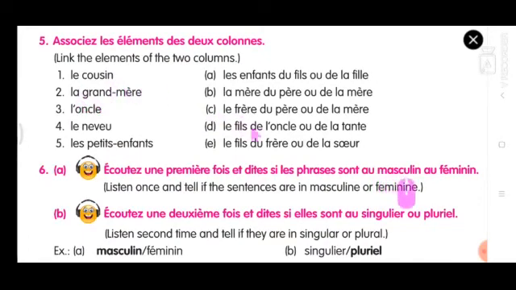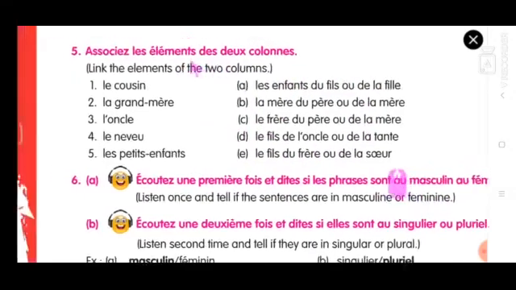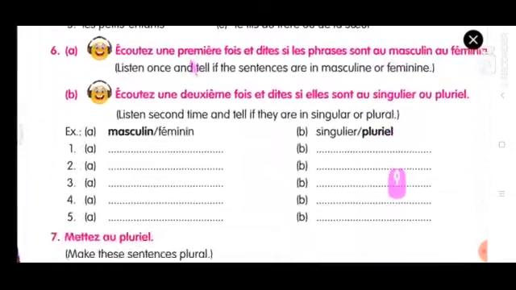Your mom's or dad's relative's son is a cousin. So it should be your uncle's son or your aunt's son. Okay. So like that you have to complete this. So I think you might get confused by this exercise. So I'll help you with this exercise. We can go straight away to exercise number 7.